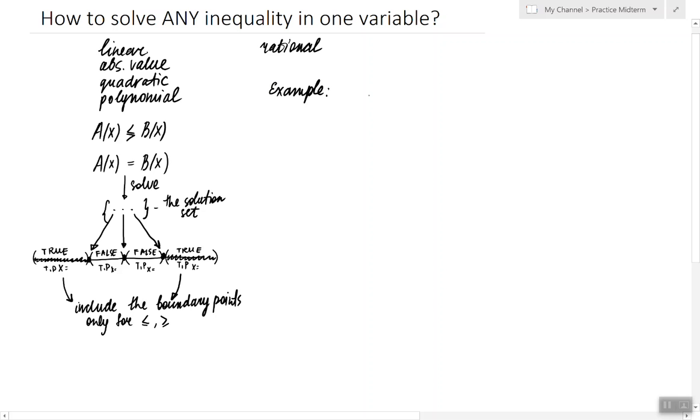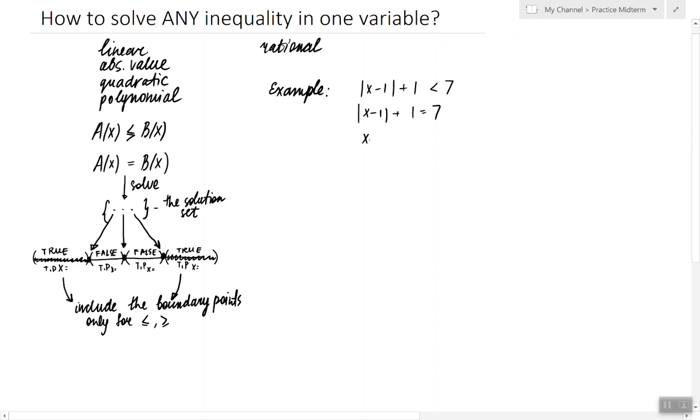Let's take some absolute value inequality. And let me show you how this approach works with this inequality. Step 1, I'm going to replace the inequality with an equal sign, and I'm going to solve this equation. Now, of course, to solve an absolute value inequality, you have to be good at solving absolute value equations.